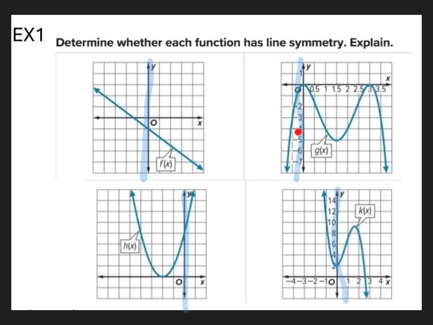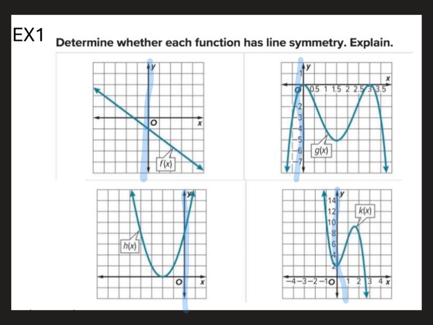So that one does not have symmetry with the y-axis. Does this graph have symmetry with the y-axis? Hopefully you can see that if you fold it along the y-axis, this part would be way over here, not overlapping here. Same thing with this. If I folded it along this blue line, it does not have symmetry. So none of those have symmetry with the y-axis. Let's see if there's symmetry with any other vertical line.